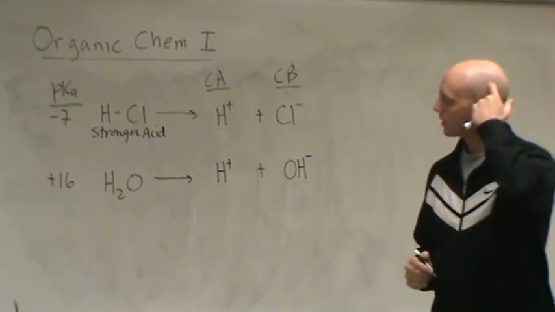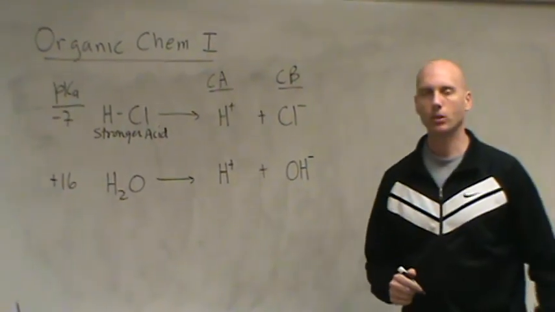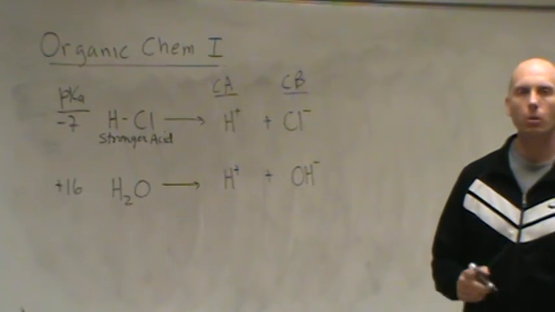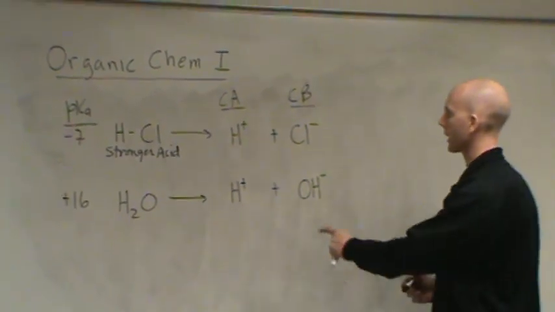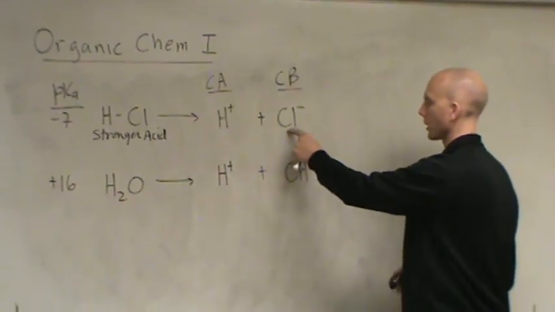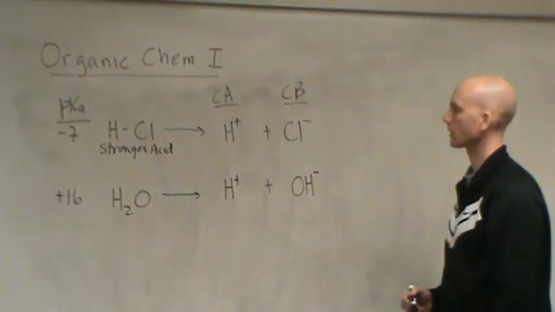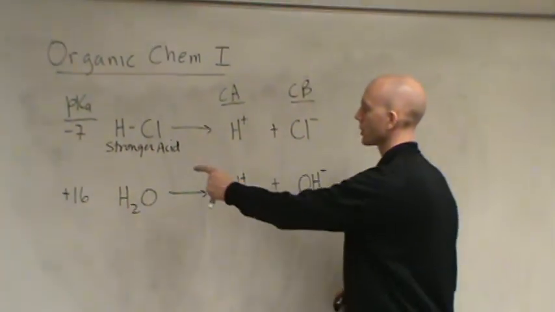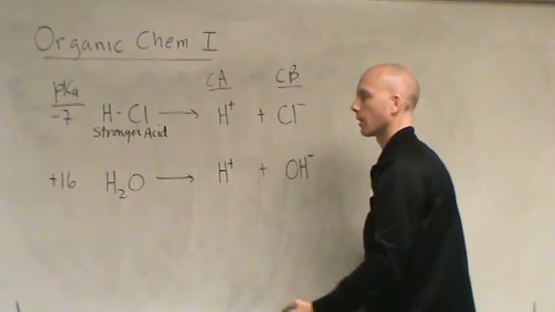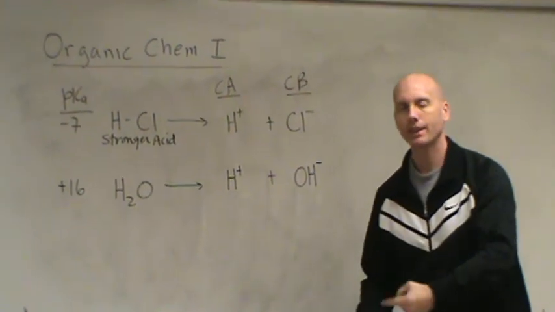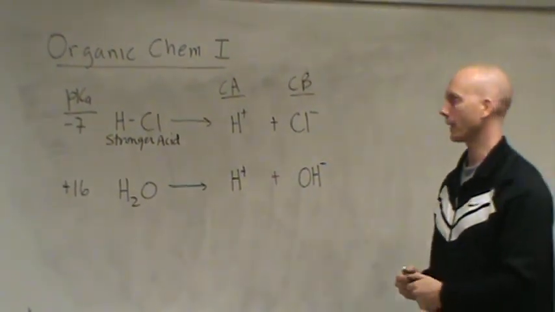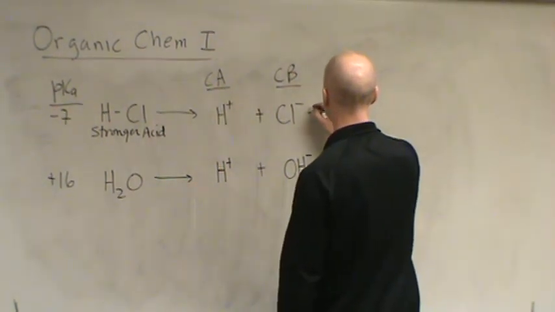Well, you might say, big deal, you just told us that. Well, here's the big deal: I can come over here and look at the conjugate bases. If this acid is strong, remember from general chemistry, it's always the opposite of the base.